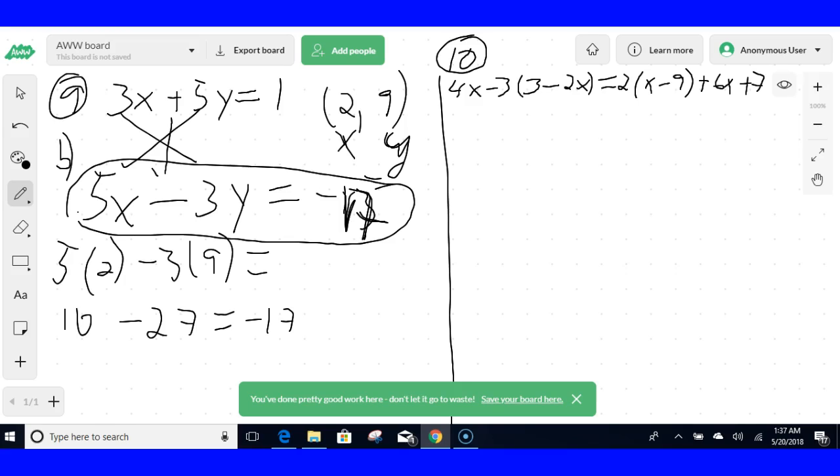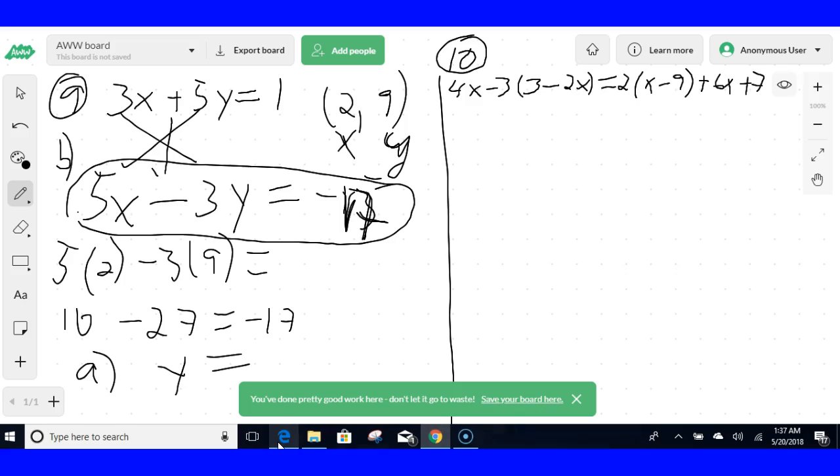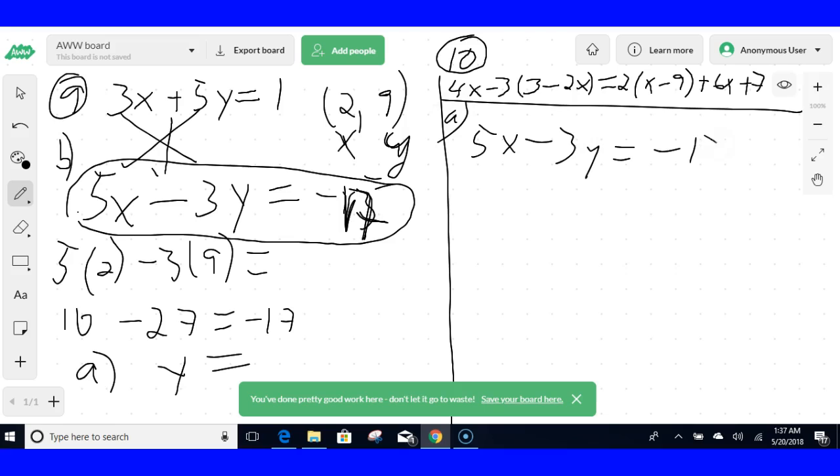Now all you have to do to get to letter A is solve for y. If you solve for y, you're going to end up with 5x over 3 plus 17 over 3. So we solve this here, 5x minus 3y equal to negative 17.